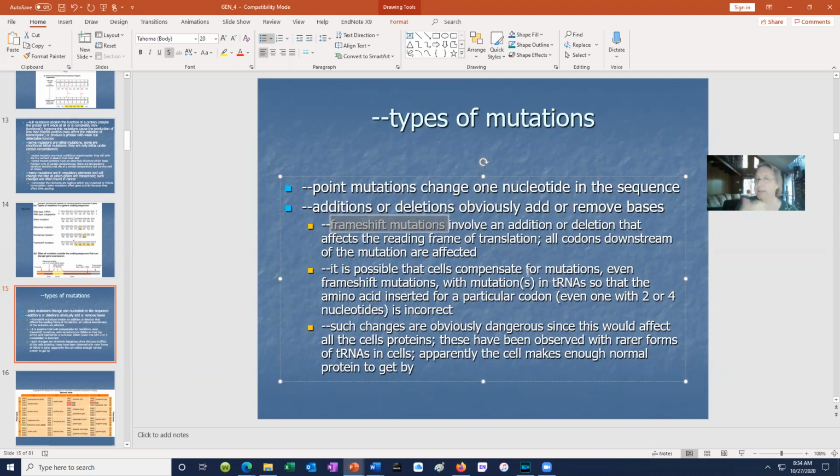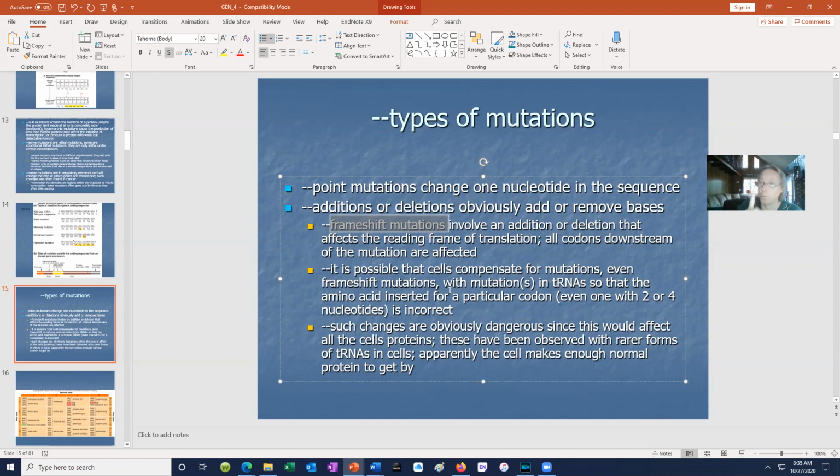If you have a sequence like the red dog sat on a mat, where everything's three letters, and you take away the E from red, now you're reading the TH from the, but then you're putting in the D for the dog. You're like the duh, ugga, and now none of your words make sense. So if you have what's called a frame shift mutation, it changes the reading frame of all of the codons after that.